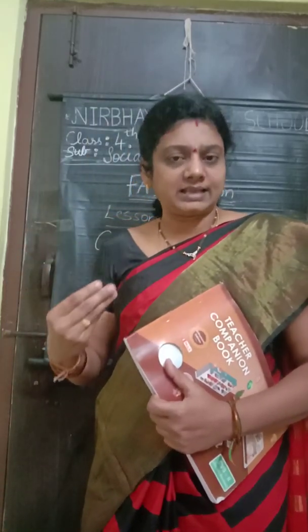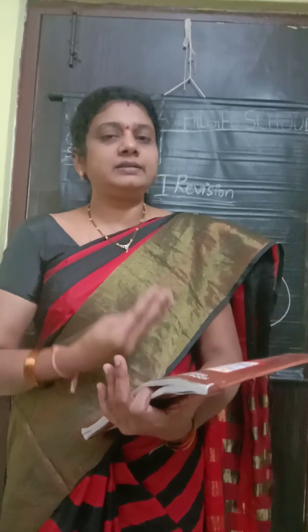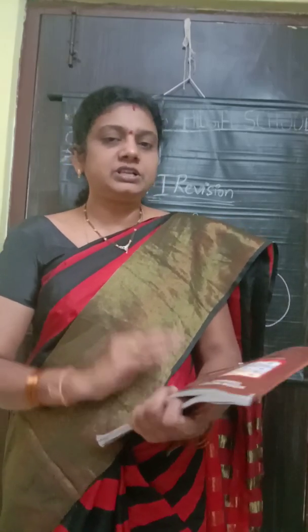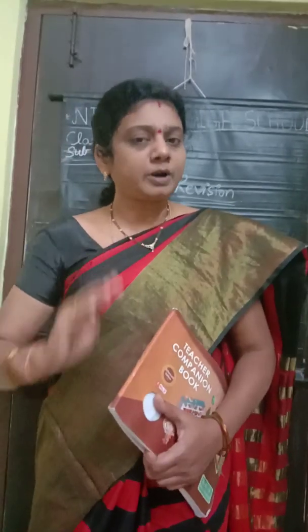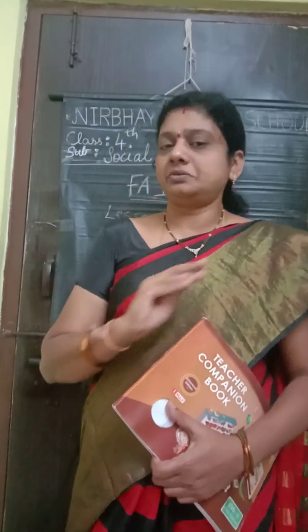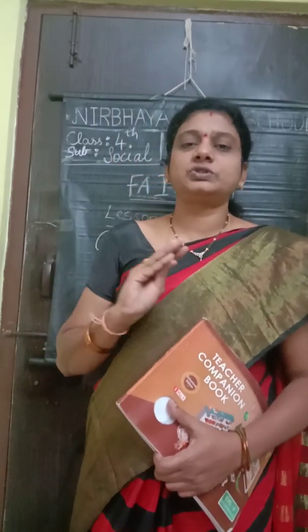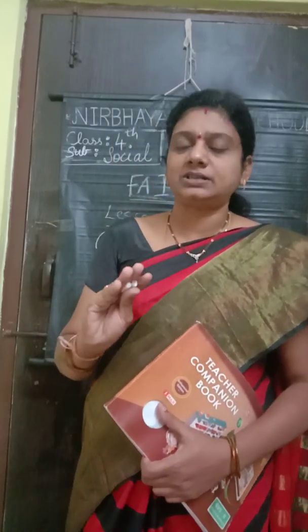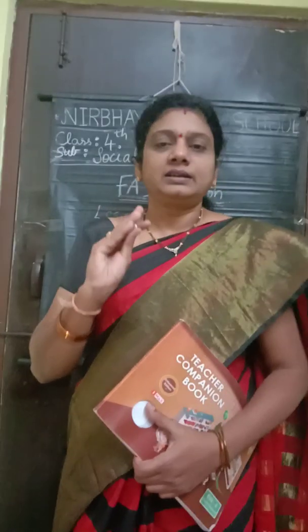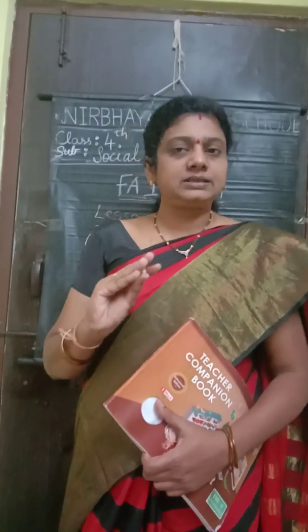I know the answer, so I can copy the question from the workbook, close the workbook and write the ST. Do your revision properly, children. And don't write spelling mistakes. Write the correct spellings.